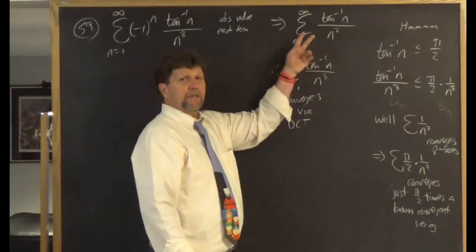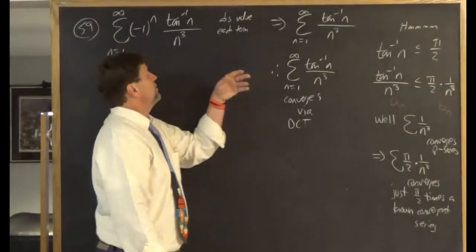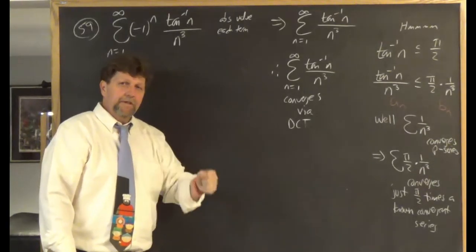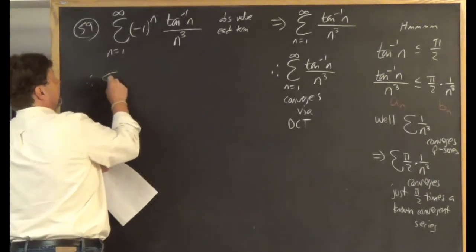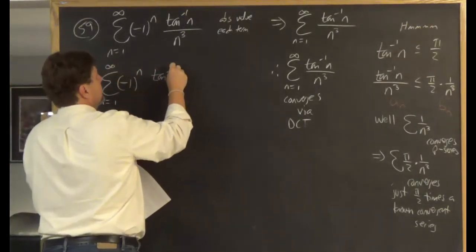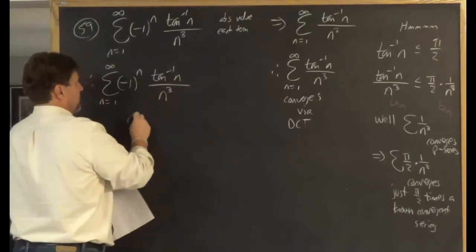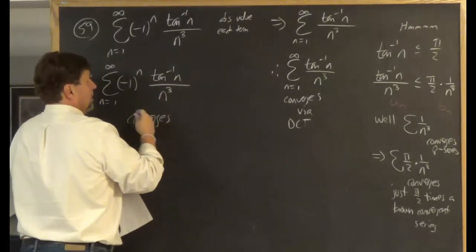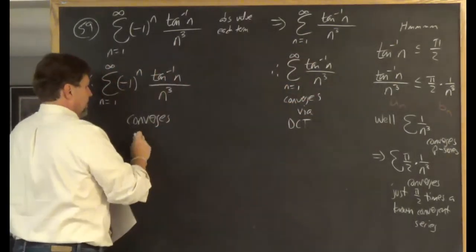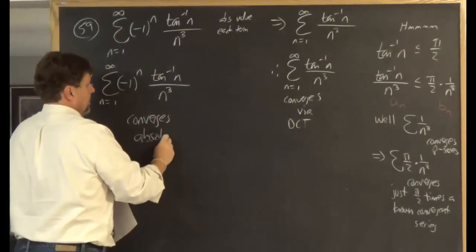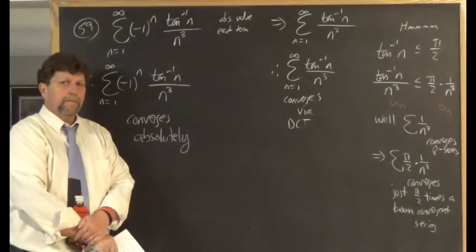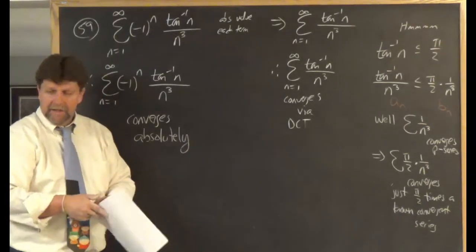Since this series was nothing more than taking the absolute value of each term of this series, I immediately know, thanks to the absolute convergence theorem, that this series converges. And since the absolute value of each term converges, that tells me this series converges absolutely. And that was number 59.